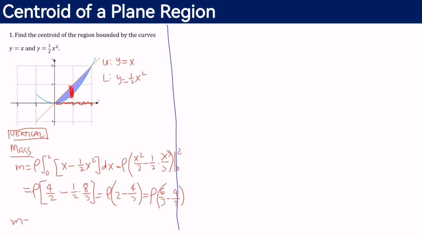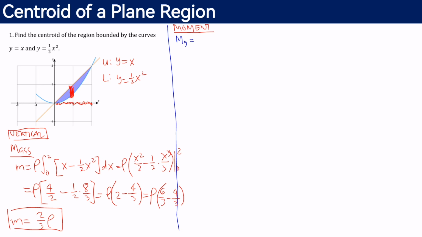So therefore mass is given by 2/3 rho. Next, let's look at the moments. Starting with the moment with respect to y, denoted by M sub y.